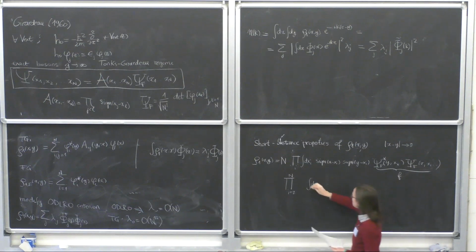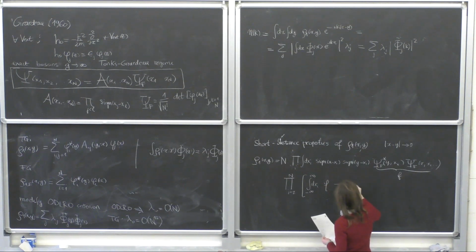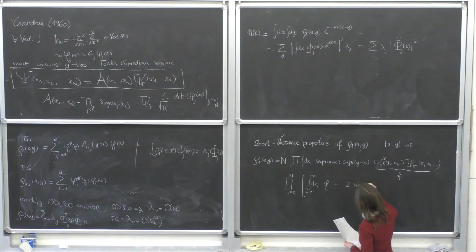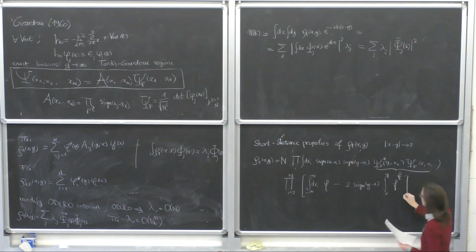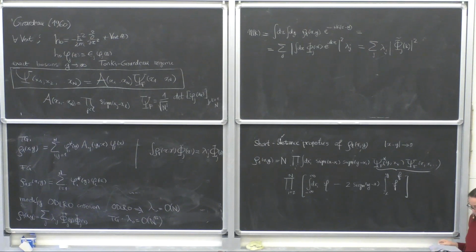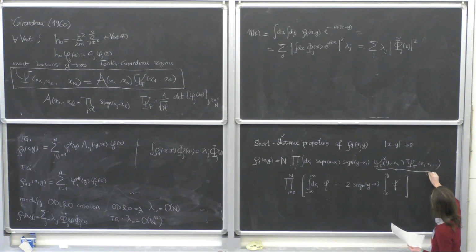So this is the integral from minus infinity to infinity of f minus 2 sine of y minus x, the integral from x to y of the same f. It is exactly the same trick that we used before.